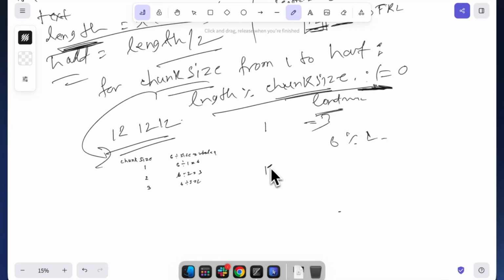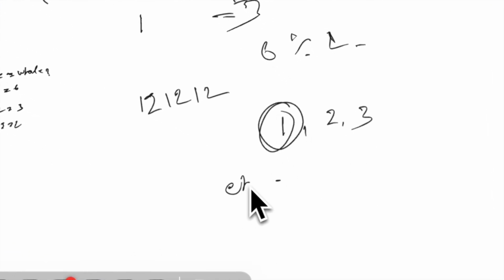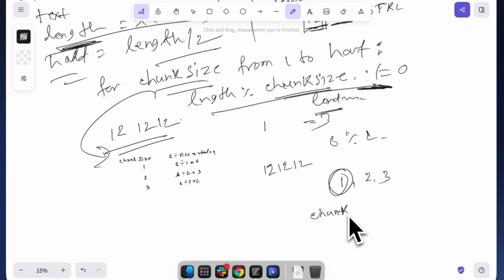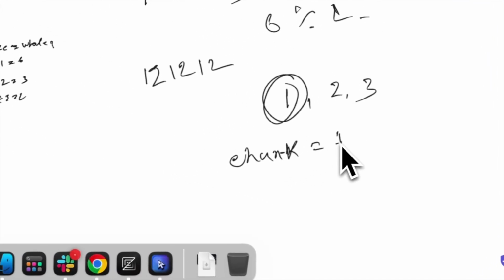Then we continue, looping through 1, 2, 3. So for 1, we'll create a chunk variable, where the chunk will be 1, because the chunk size is 1, and we'll take 1 as a string, right?